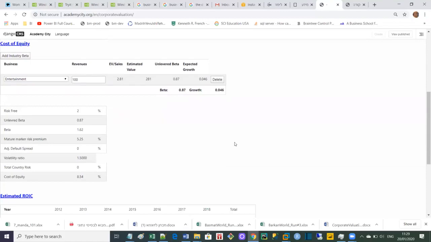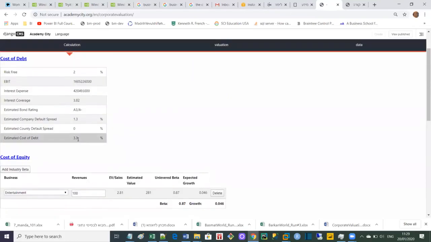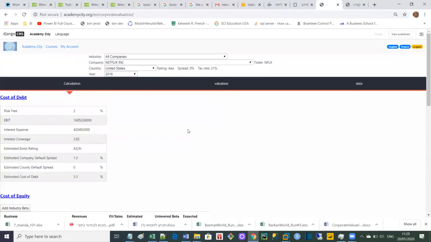In your case, in the Excel, it comes from the correct folder, and you should get the same result as I'm getting here. So cost of equity should be 8.54 for Netflix, and debt should be 3.3%. Those two will give me the results for the WACC.